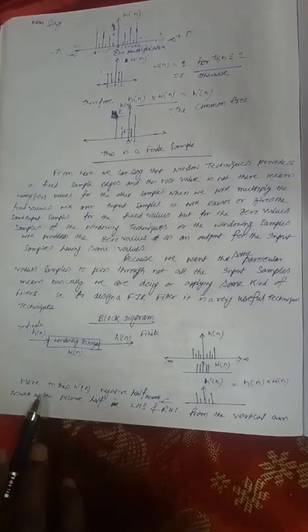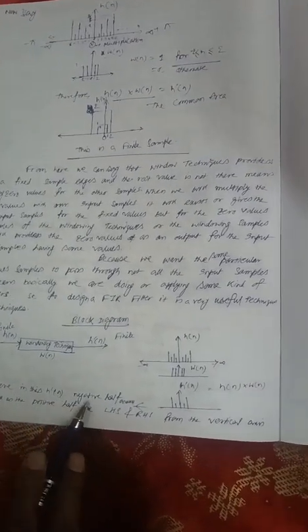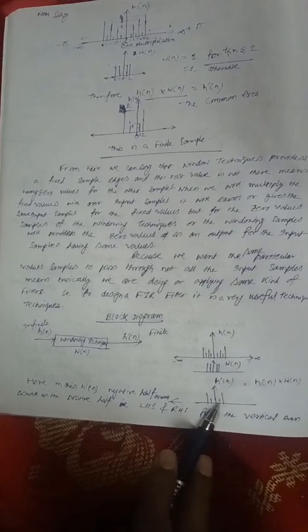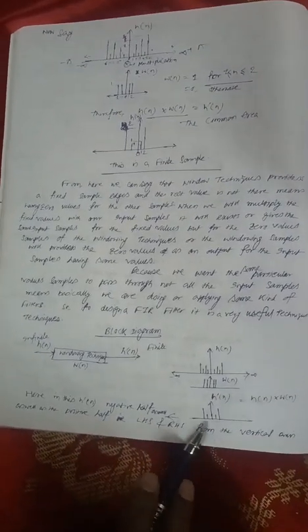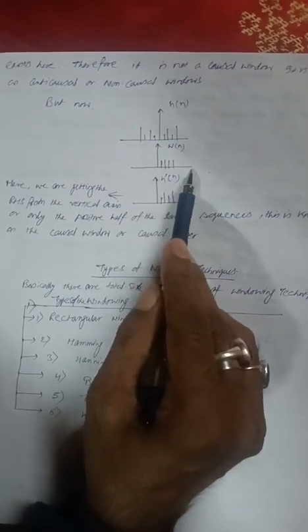Here one thing I need to say, when h dash of n has both the negative half as well as the positive half, both halves taken along the vertical axis, it exists. That's not called a causal window. It is called an anti-causal or non-causal window or non-causal filter. But now suppose I take only the right half, the right side multiplying, so the other part will be 0.